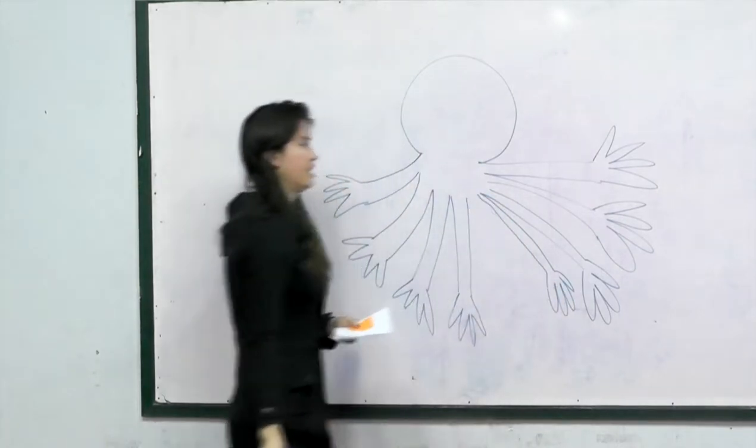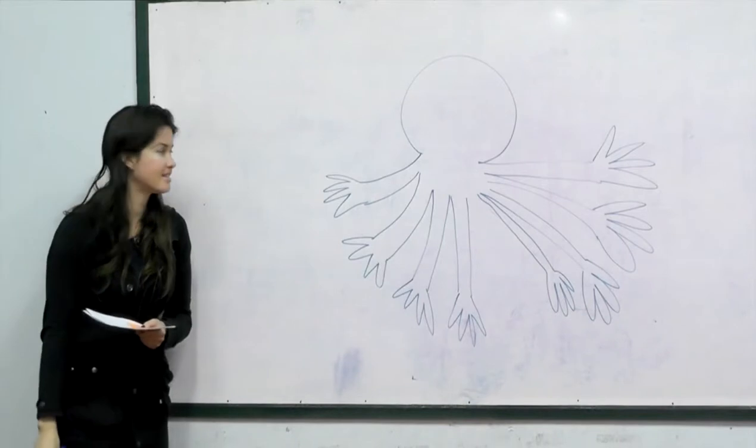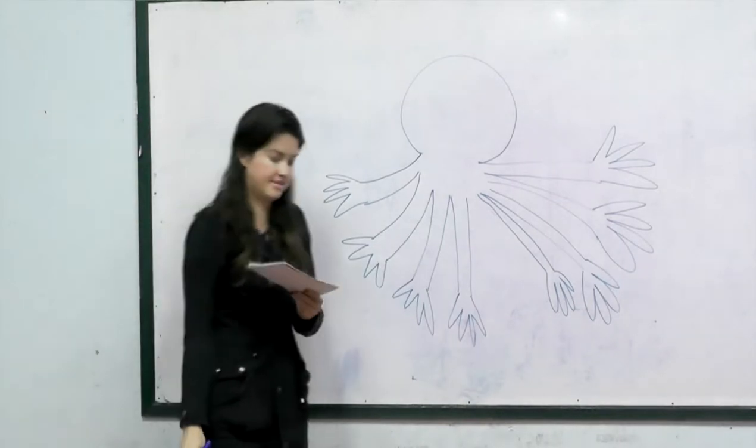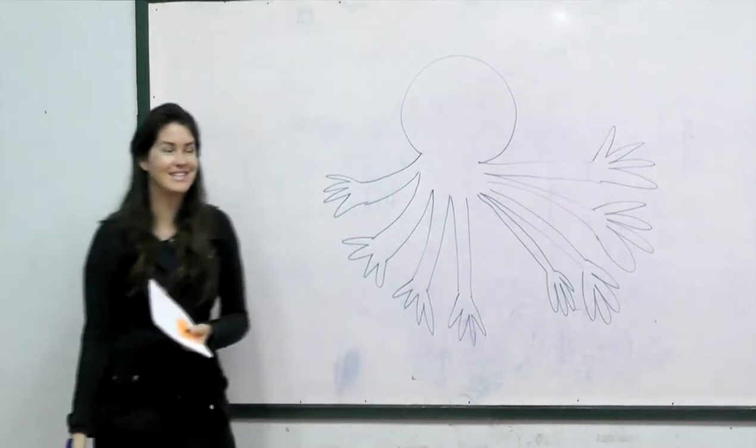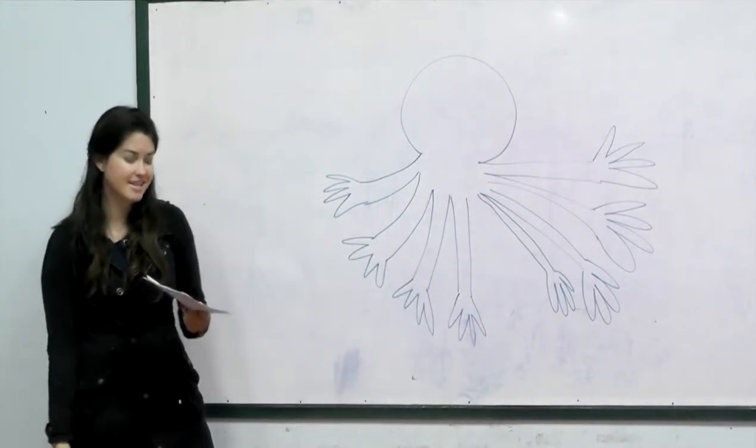Okay. He's got 32 fingers all together. He's got 8 hands and 8 arms, 32 fingers all together.